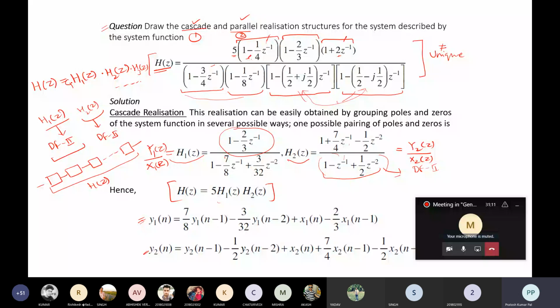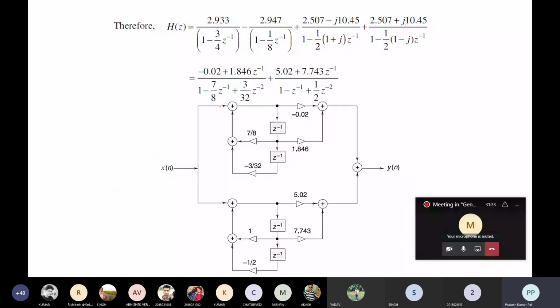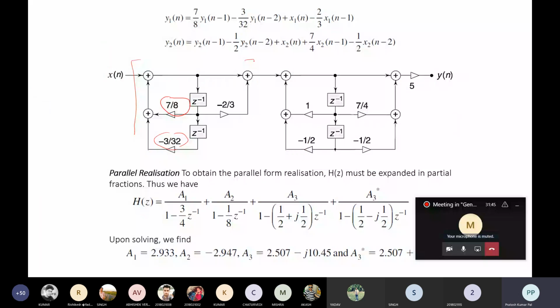Here the coefficient will be positive, and here it will be negative. Similarly, to realize the zeros, we have a coefficient that is given already. The coefficient given is minus 2 by 3, which is directly multiplied after one delay, and we will get this.